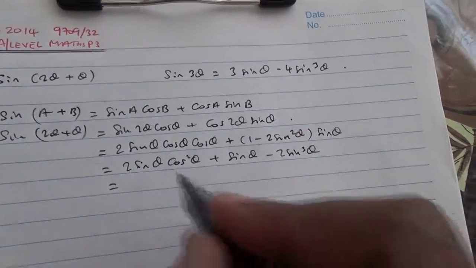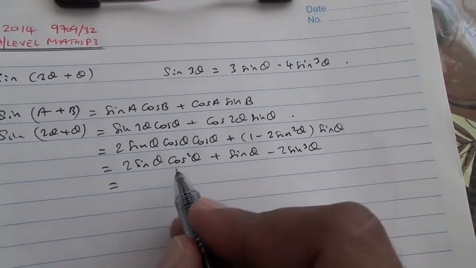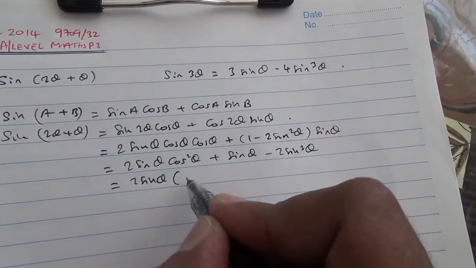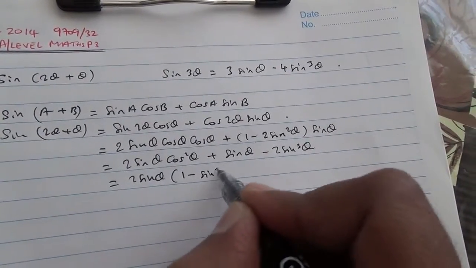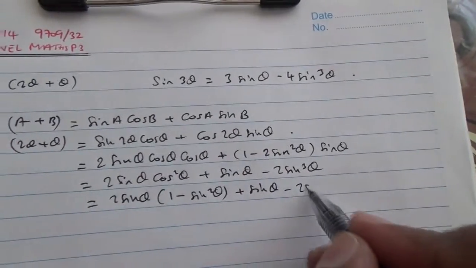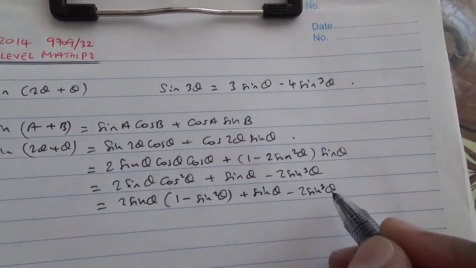And that's going to be, what is it? 2 sine theta, and what is cos squared theta? Cos squared theta is 1 minus sine squared theta, plus then we have sine theta, minus 2 sine cubed of theta.